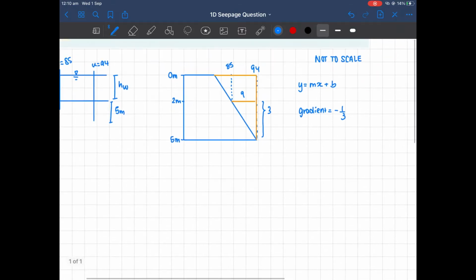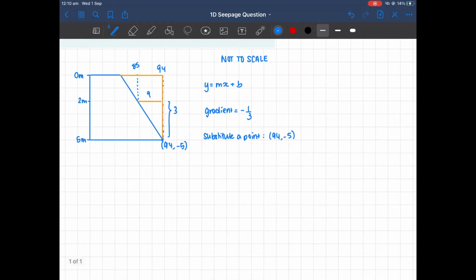And we can substitute a point. So think of it as if it's in the Cartesian plane. So say we substitute this point. This point would be 94 and negative 5. If we do that, we can find what b is equal to.